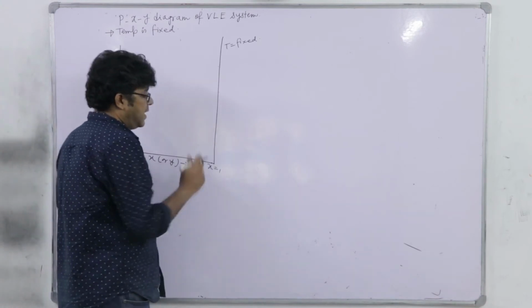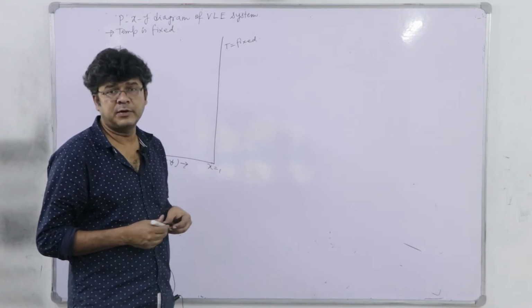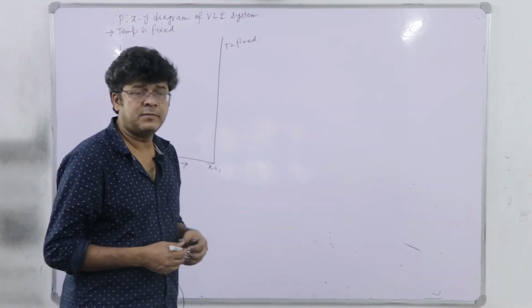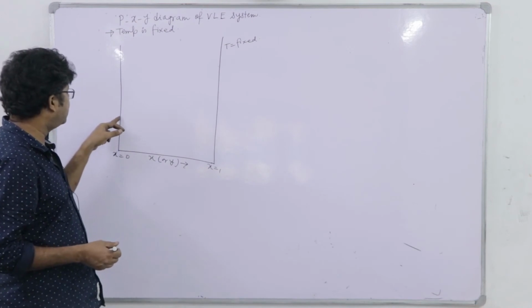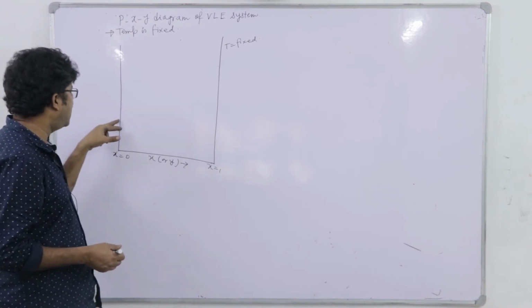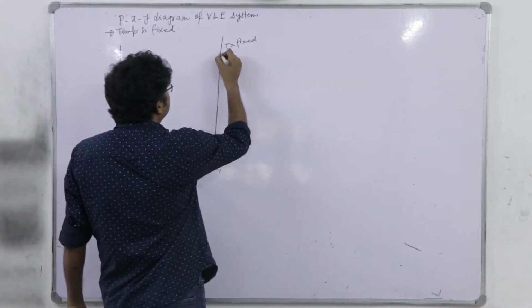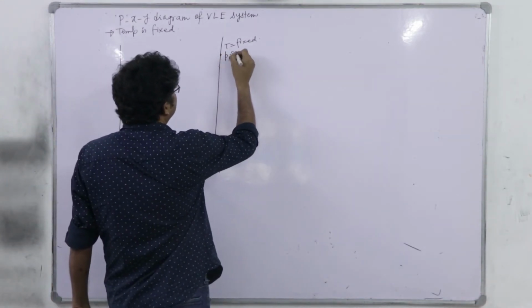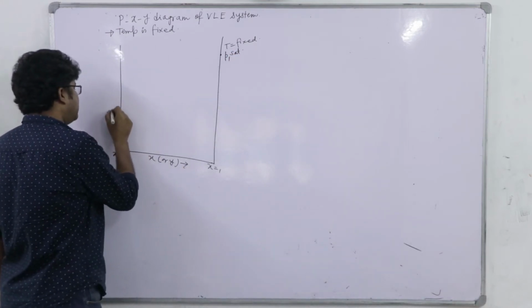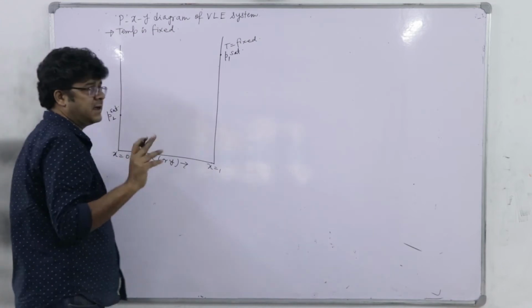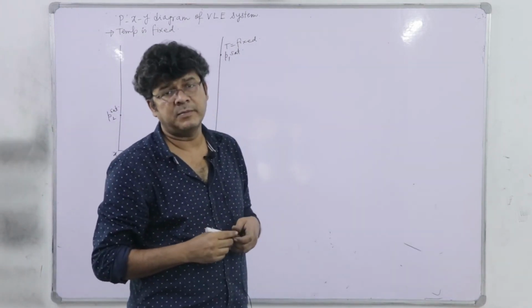So definitely when x is equal to 1, the pressure will be the saturation pressure of component 1, and similarly for x equal to 0, where the two curves should merge at P2 sat. So P1 sat will obviously be higher than P2 sat. Why? Because component 1 is more volatile, so at a given temperature it must exhibit higher vapor pressure.